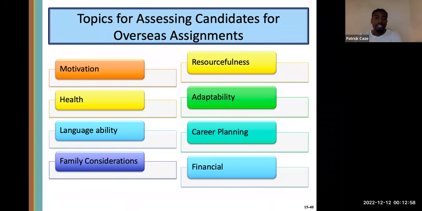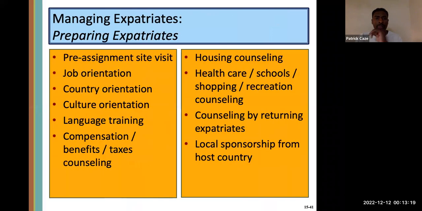Okay, so here are some topics for assessing candidates for overseas assignments. And we kind of talked about this already, right? Motivation, adaptability, family considerations, health. I think adaptability and family considerations are probably the main topics that lead to understanding who makes a good manager as far as expats go.